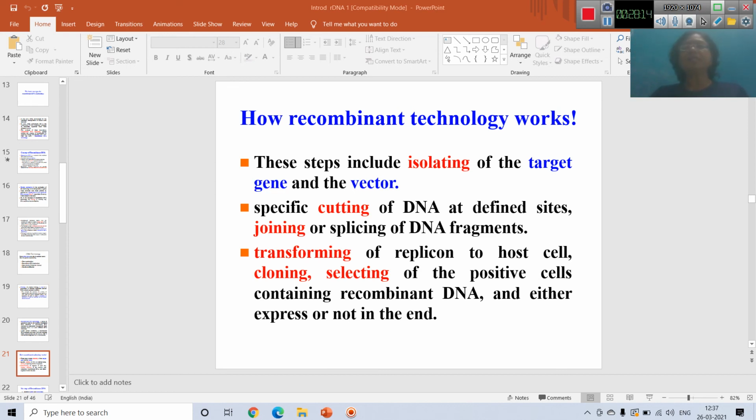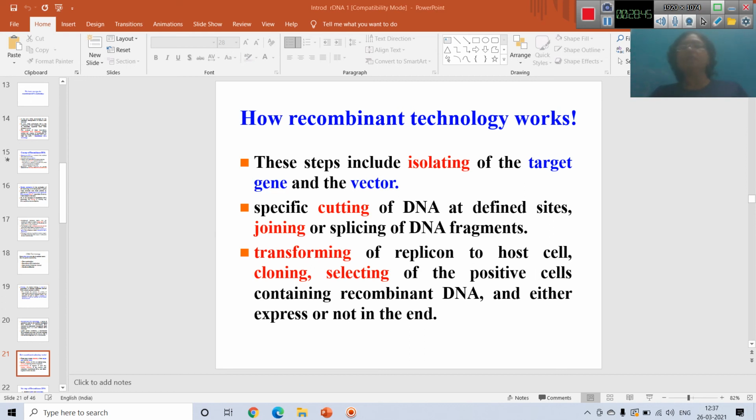After that, you are looking for which of these bacterial cells are containing the recombinant DNA, so you are doing the screening methods. There are many different screening methods which we will see in detail in future lectures. We will be selecting for the positive cells which contain the recombinant DNA. So selection, detection, screening, all these steps are to be carried out in order to find your recombinant DNA.